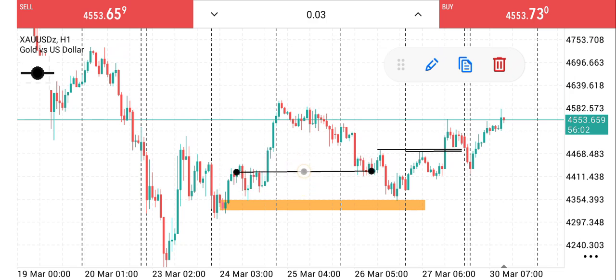So I look at this whole structure of movement, and I discover this is the order block that I can use to enter this trade. That is why I pick my entry from here. This is the order block.